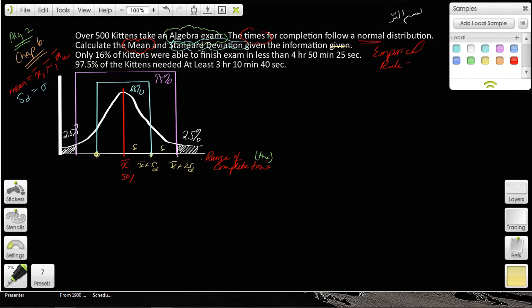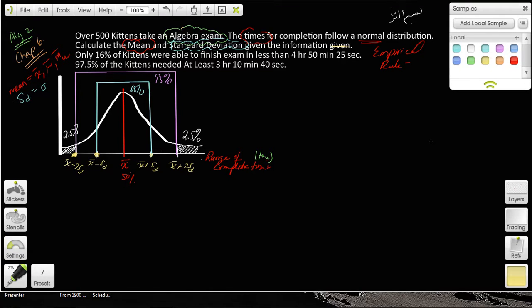And this data point over here is going to be the mean minus one standard deviation, and this data point is going to be the mean minus two standard deviations, correspondingly.